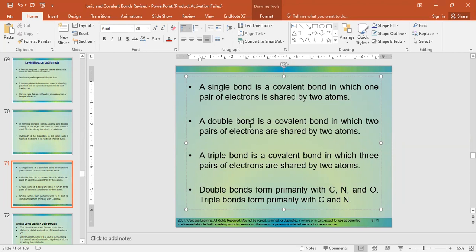A double bond is a covalent bond in which 2 pairs of electrons are shared by 2 atoms, while a triple bond is a covalent bond in which 3 pairs of electrons are shared by 2 atoms. Double bonds form primarily between these types of atoms.